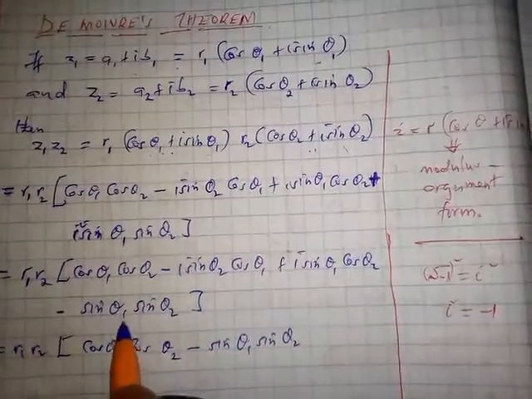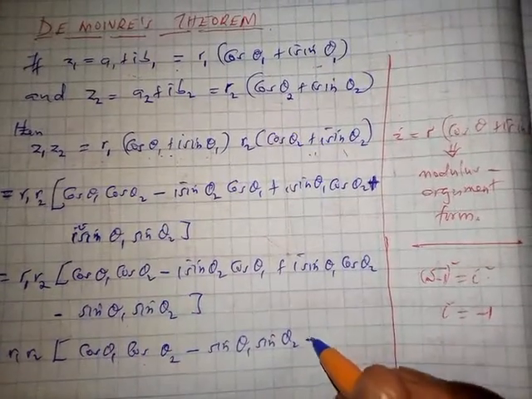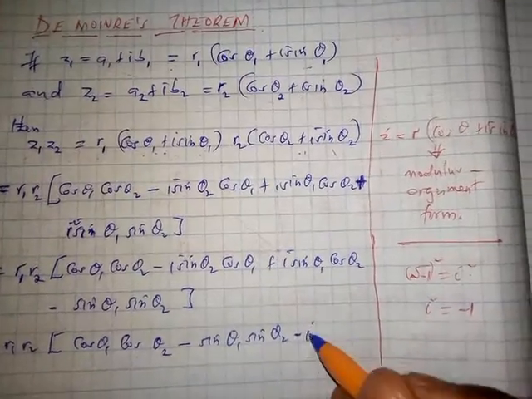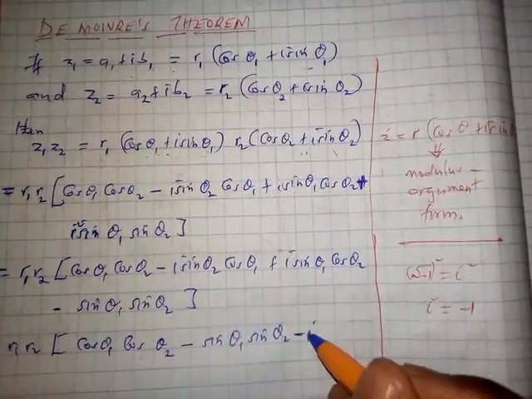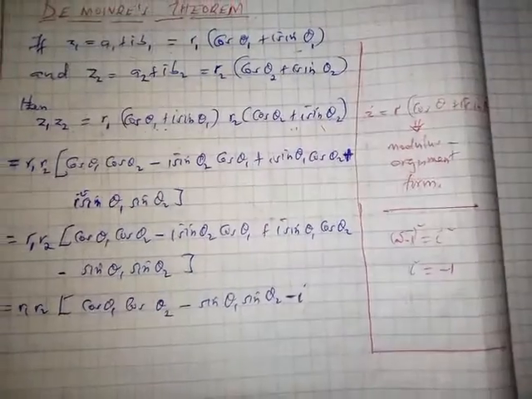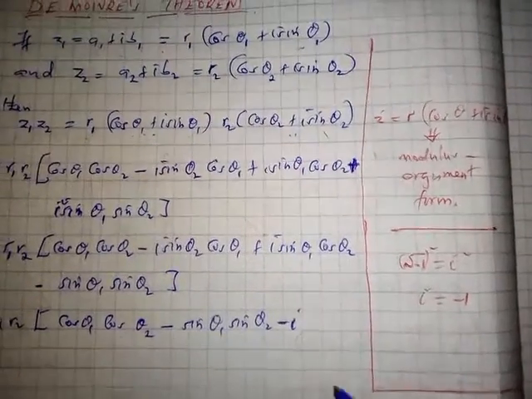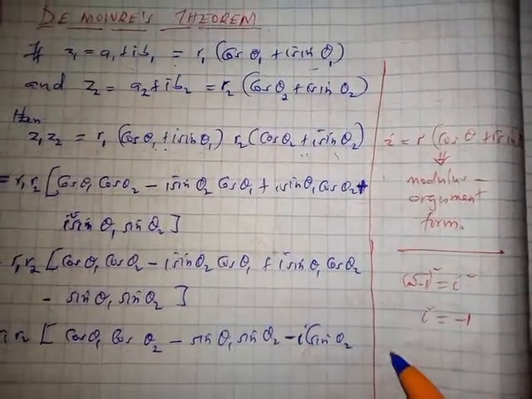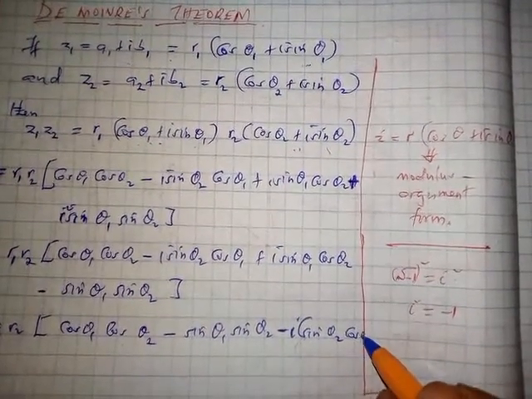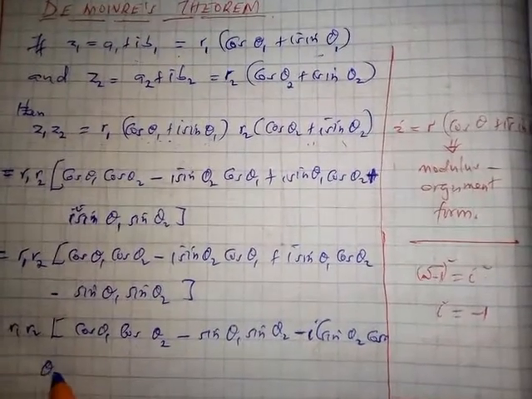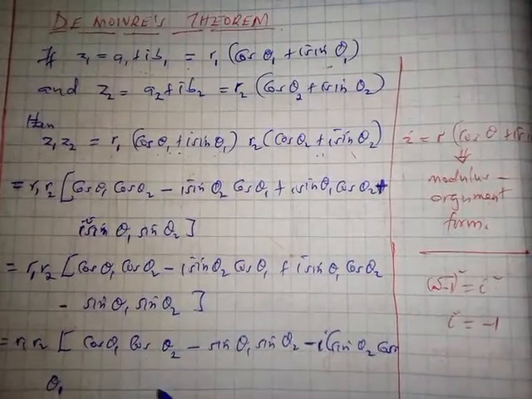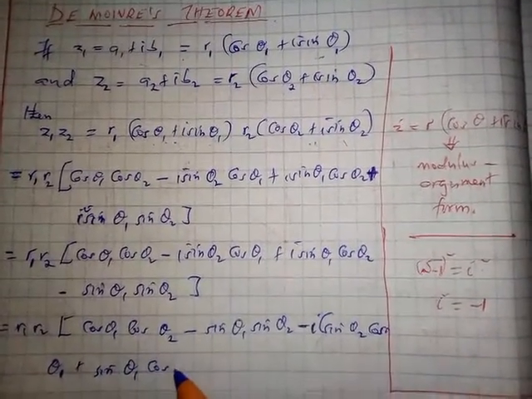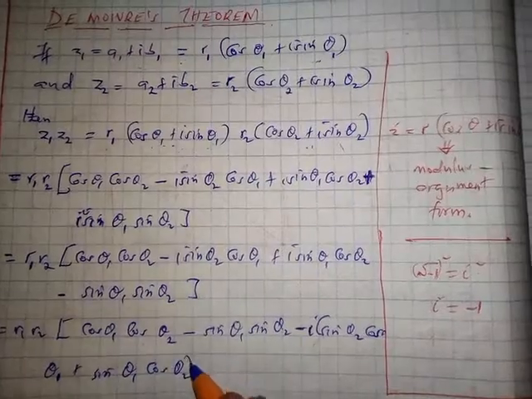Then we can factorize so that we put i outside the bracket: sin theta 2 cos theta 1 plus sin theta 1 cos theta 2.